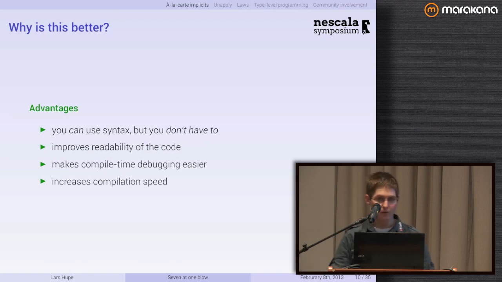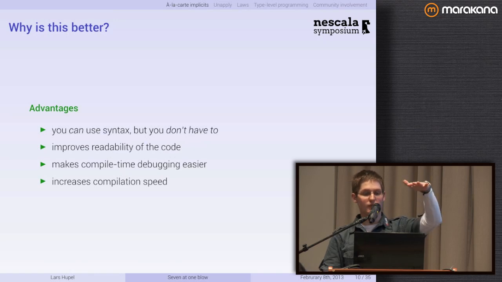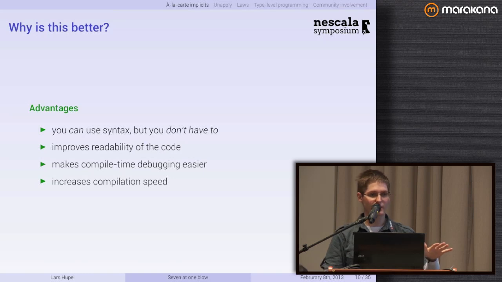If you have your source file and in the header you list all the imports, and someone reads your code, he or she could simply look, did this person import Scalaz syntax? If yes, I have to watch out. There might be operators around here which I have to look up. And if you don't import syntax, you immediately know, okay, everything's from the standard library here.